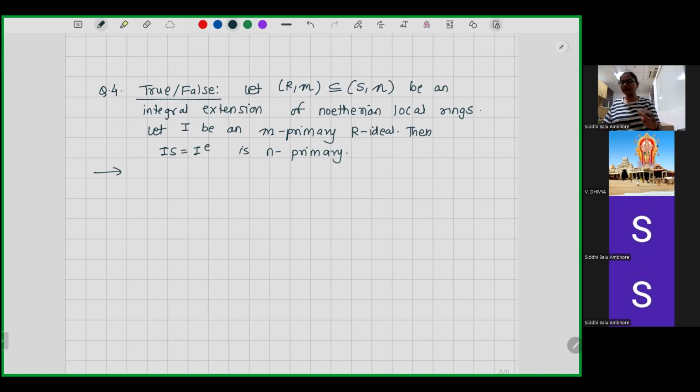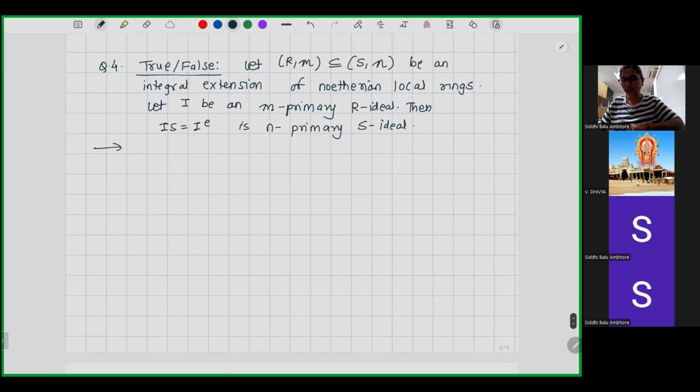So we have this (R, m), a Noetherian local ring, and its extension is (S, n). They are saying that if I is an m-primary R-ideal, then the extension of this ideal I will be an n-primary S-ideal. I extension is n-primary means the radical of I extension is n.